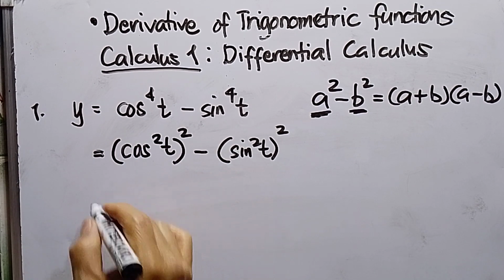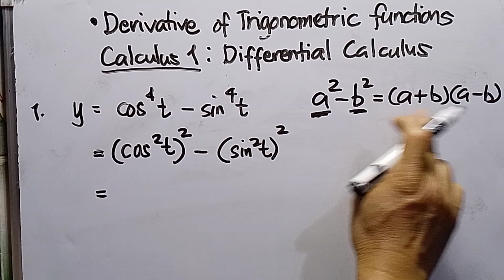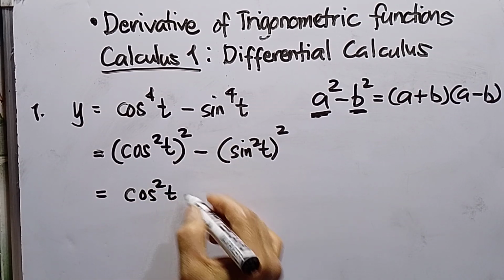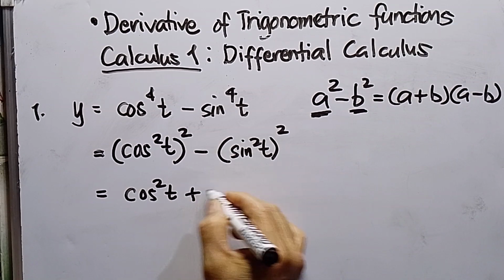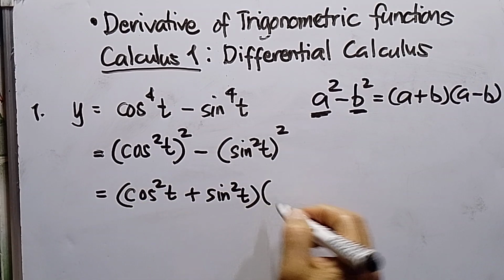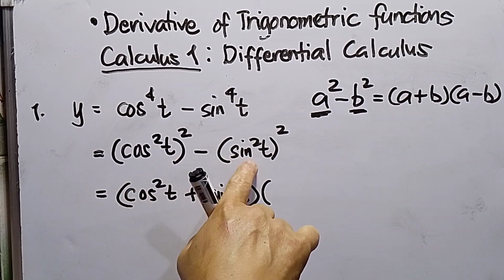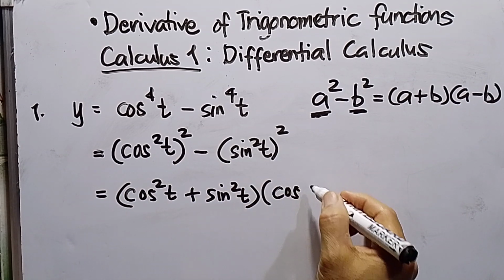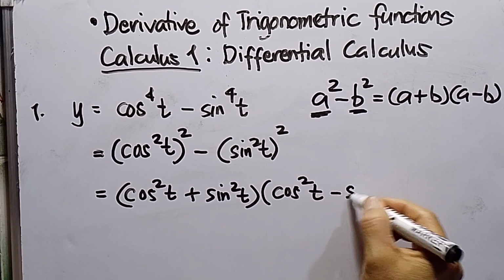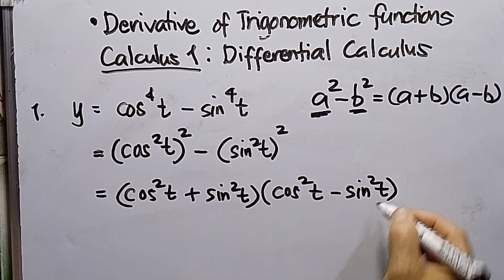So to factor this will be a plus b, a and b. So this will be cosine squared t plus sine squared t. And then next is a minus b. So this will be cosine squared t minus sine squared t.